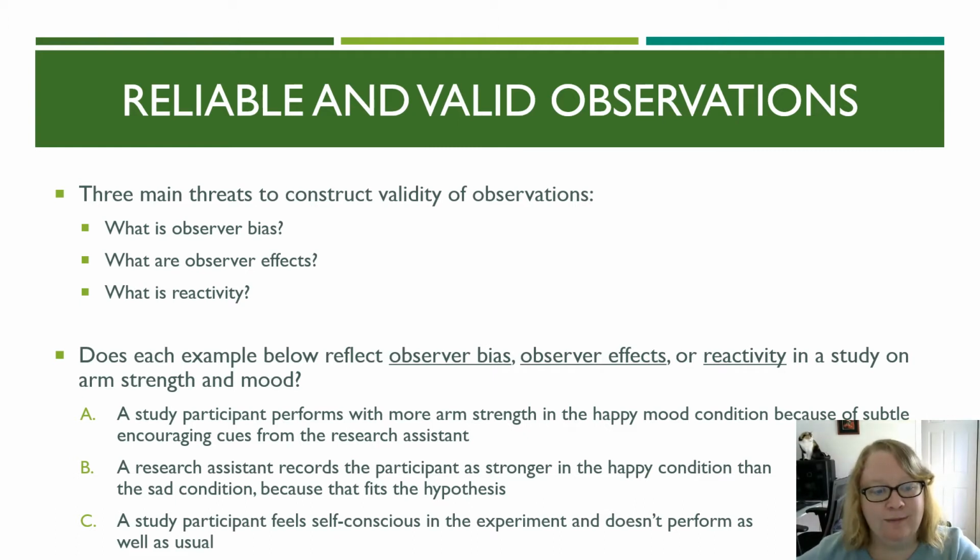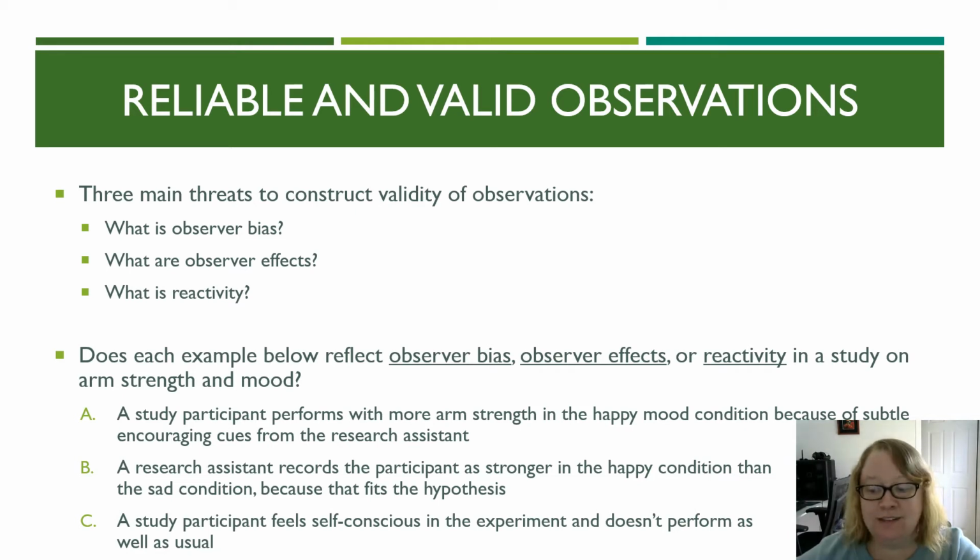All right, and then B, a research assistant records the participant as stronger in the happy condition than the sad condition because that fits the hypothesis. That would be observer bias, because in that case, it's about the recording. So it's not a difference in actual behavior, it's a difference in the recording. So the observer knows the hypothesis, which in this case would be that people might be stronger in a happy condition when they're in a happy mood.